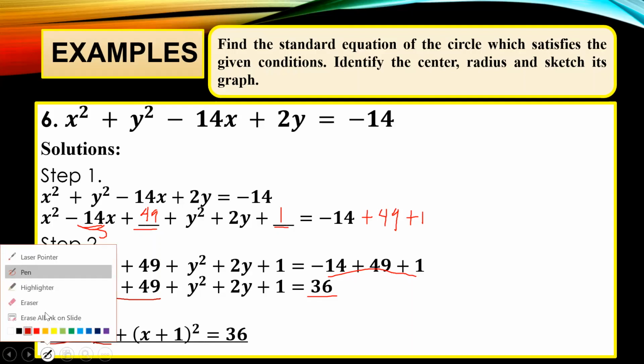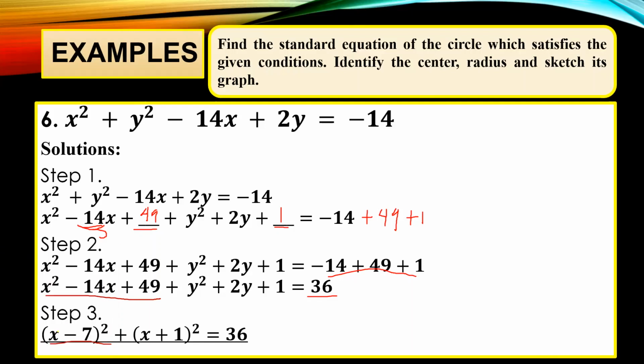Then this one, y squared plus 2y plus 1, the factor of this one is y plus 1 squared. If you also want to verify, you need to multiply y plus 1 times y plus 1. This is a typographical error on the slide; this should be y plus 1 squared.